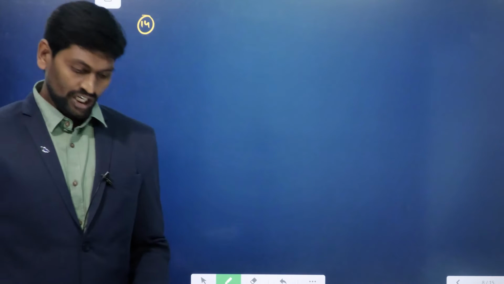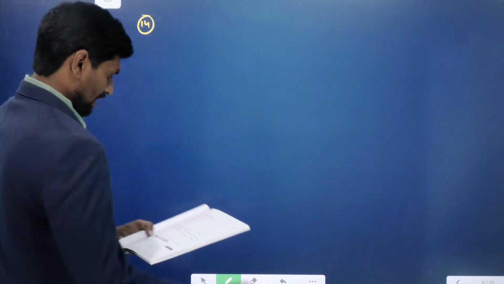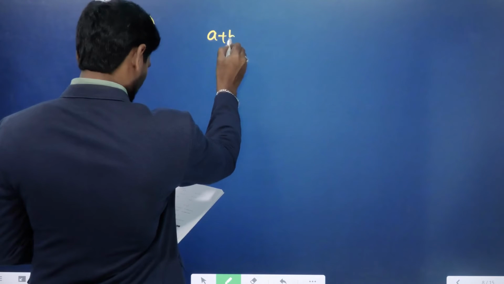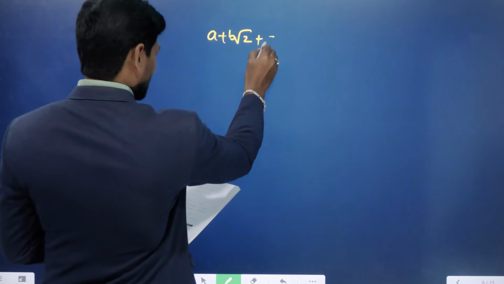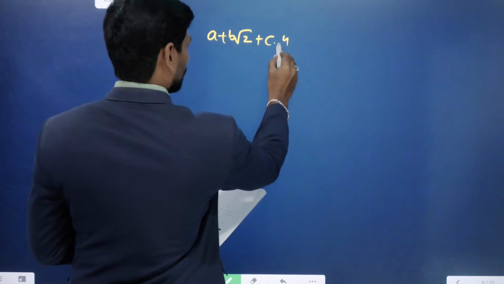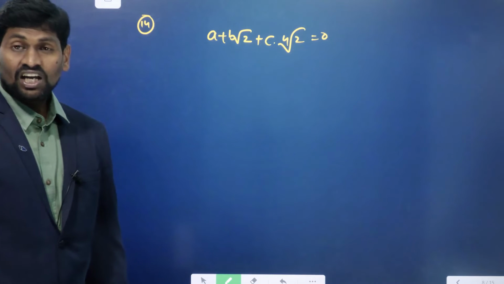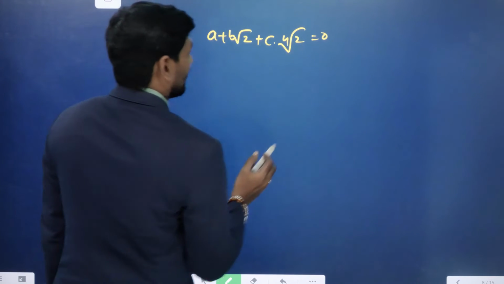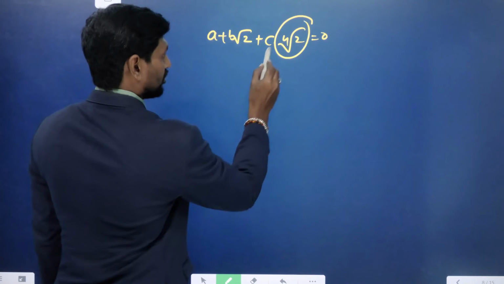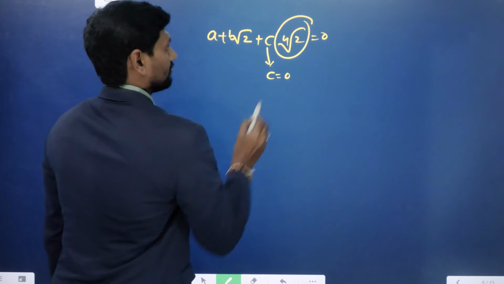Question number 14: if A, B, C are rational numbers, then A plus B root 2 plus C into 4th root 2 equals 0. When the sum becomes 0, the 4th root 2 term should become 0, meaning the C value must be 0.